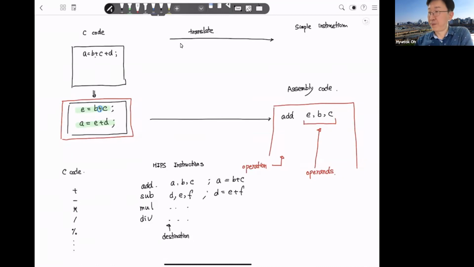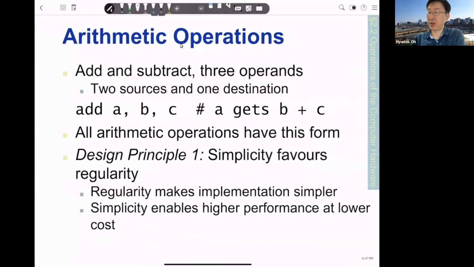In the MIPS case, it's very regular. For almost every operation, the number of operands is at most 3. For plus and minus, there are always 2 sources and 1 destination. This is an arithmetic operation: two sources and one destination.